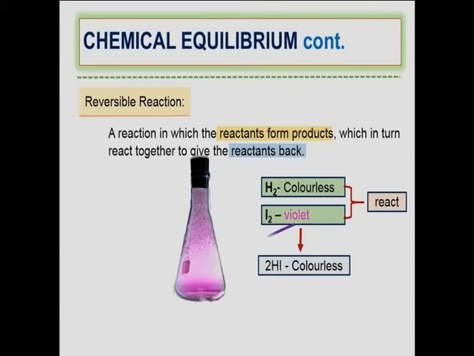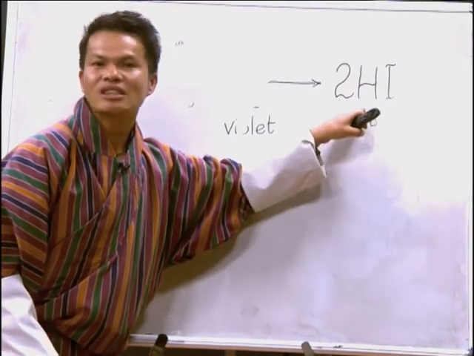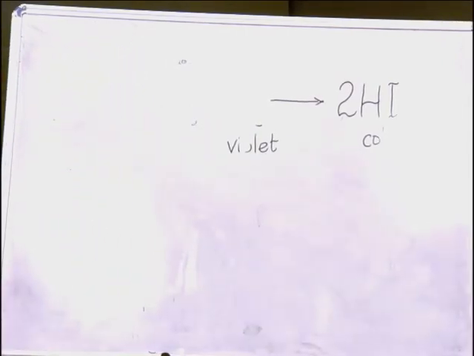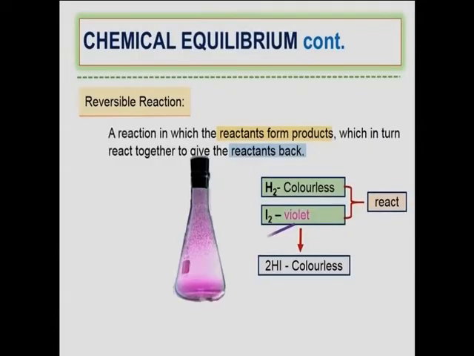The hydrogen and iodine should react, and what is left is hydrogen iodide, which is colorless. So the color inside the conical flask should become colorless, but here only the intensity of the violet color decreases. The violet color actually remains, and this indicates that this reaction is an example of a reversible reaction.